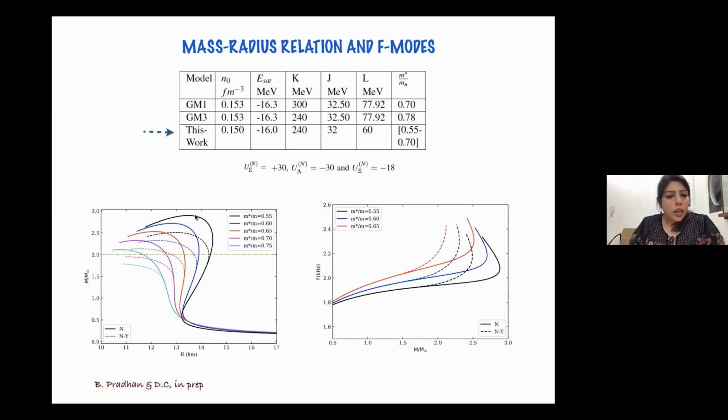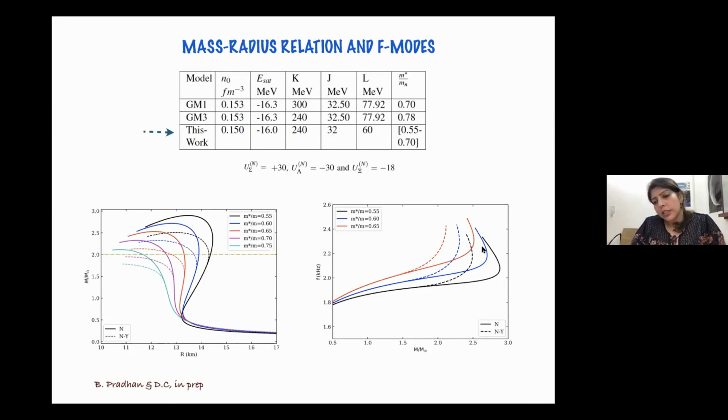The bold lines in the mass radius curve are for the nucleonic case. The dashed lines are for the hyperons. And so we found that only for effective nucleon mass below 0.6, the neutron stars were satisfying the 2 solar mass limit. So for these cases, we calculated the F mode versus mass.